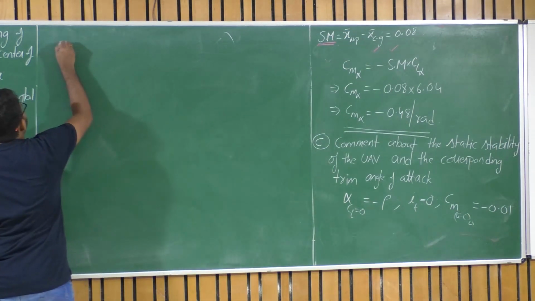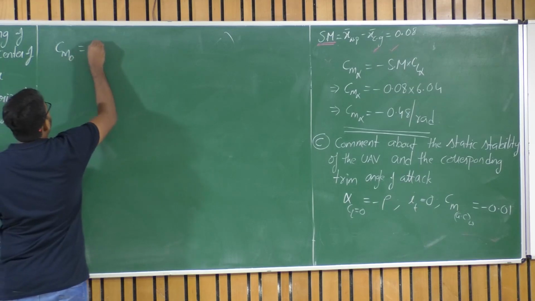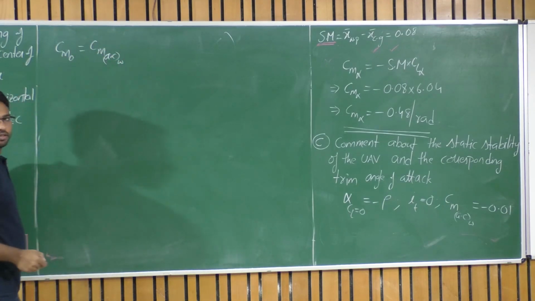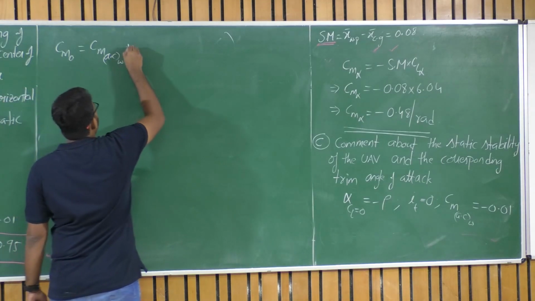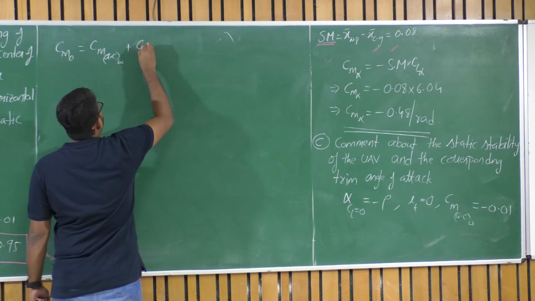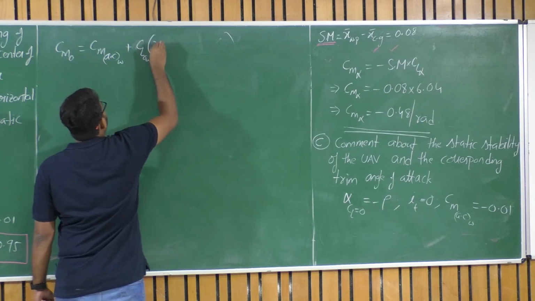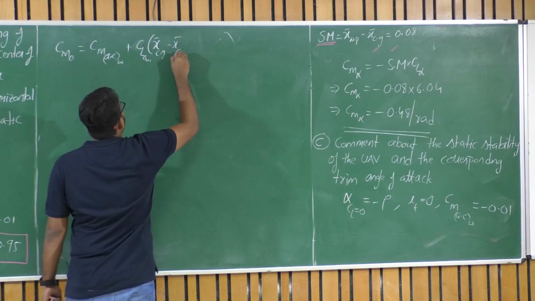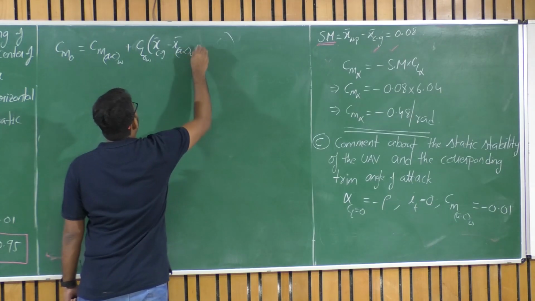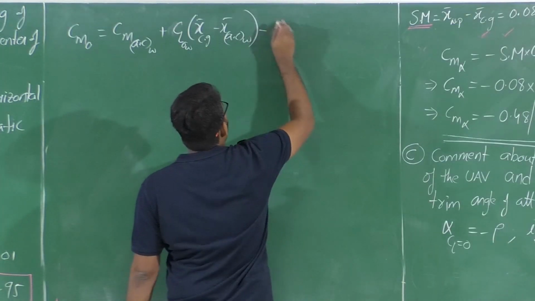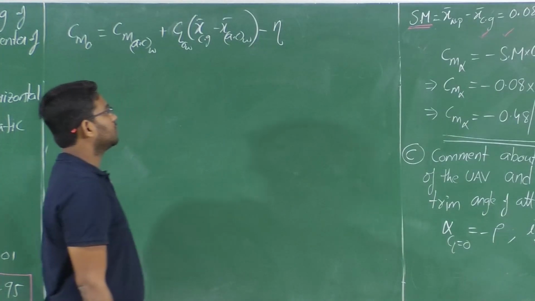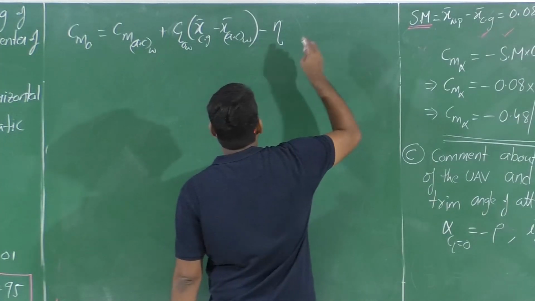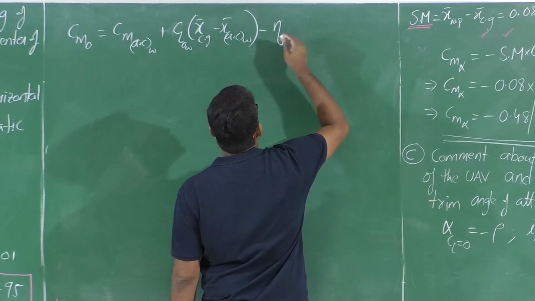The CM naught of this wing and tail combination is given by CM AC of wing. You have to refer to this equation again, right? CM AC of wing plus CL naught of the wing times x bar CG minus x bar AC of wing, right? Minus, we have a negative moment due to tail, and the setting is what is going to make it positive for CM naught.